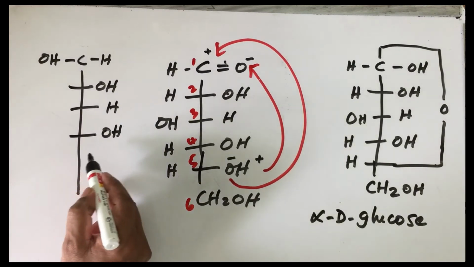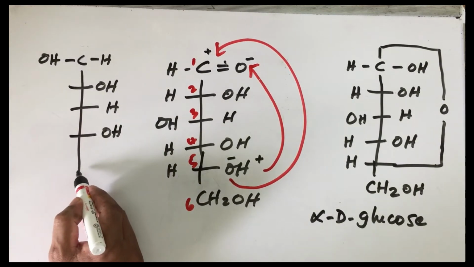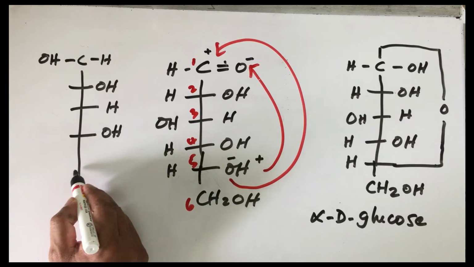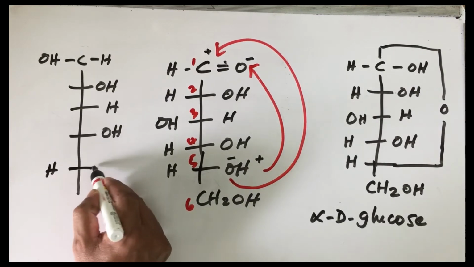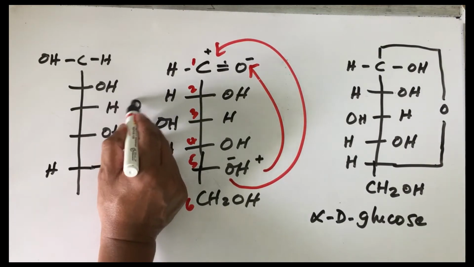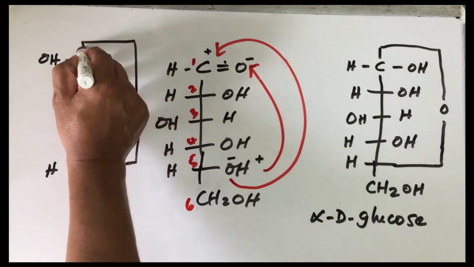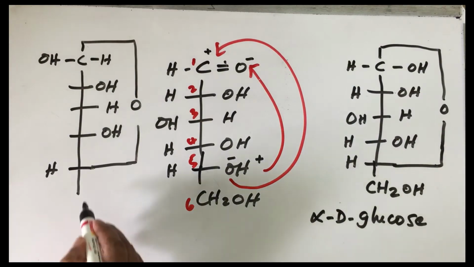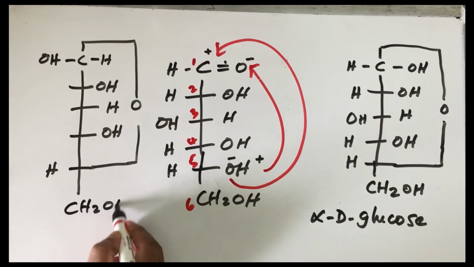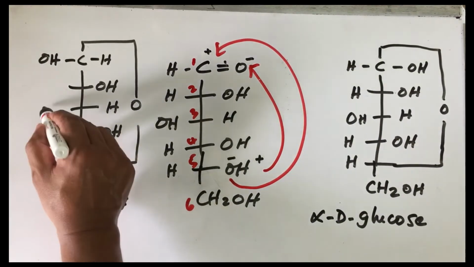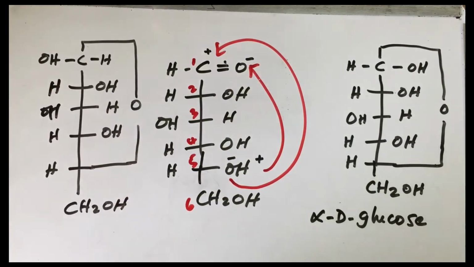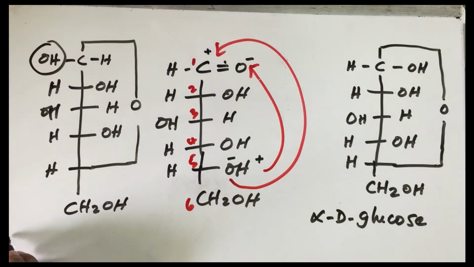Remember, it is attacking on the left side. This is CH2OH, and this will be H, OH, H. Since it is attacking on the left side, this OH which is on the left side, we shall call this one beta D glucose.